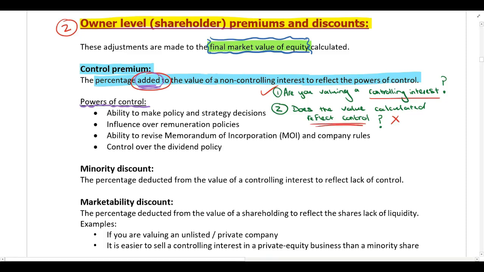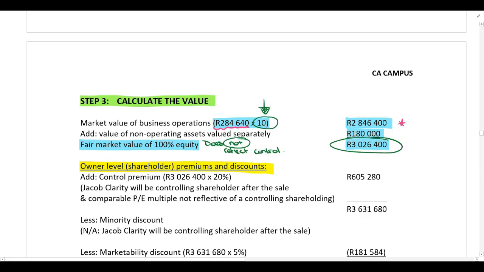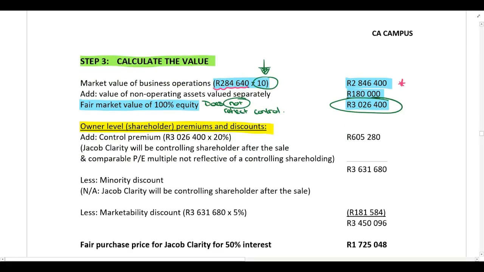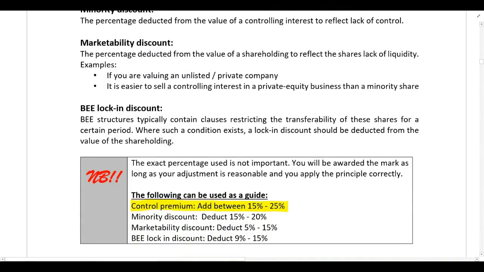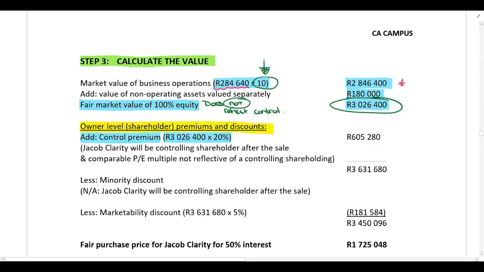And we want the value to reflect control because we are valuing a controlling interest. So you can see we then add a control premium. In this example, I'm using 20%, but remember, here's the range. You can use anything between 15 and 25%. So add your control premium.